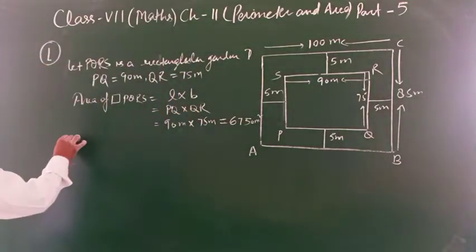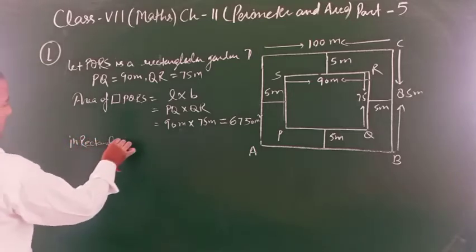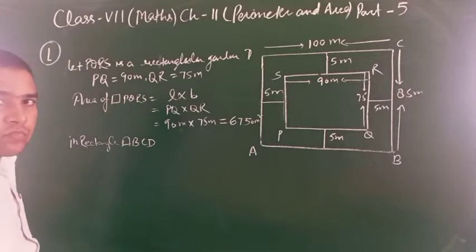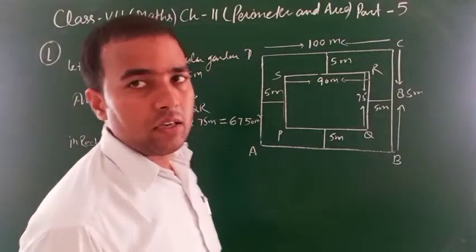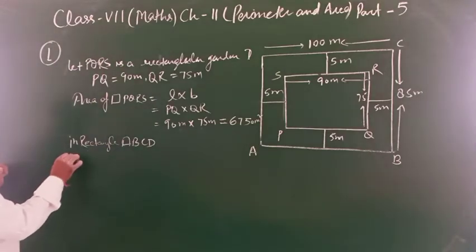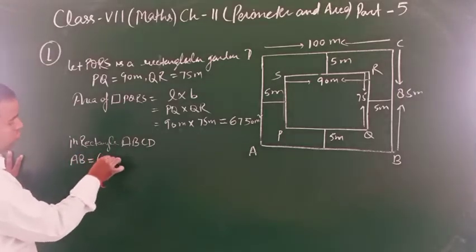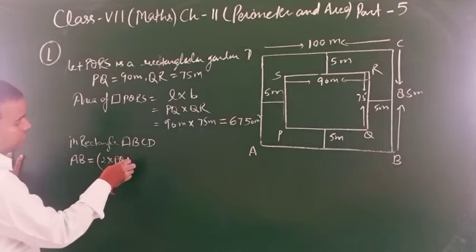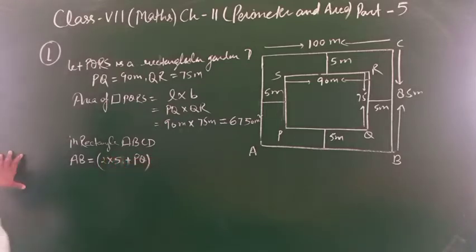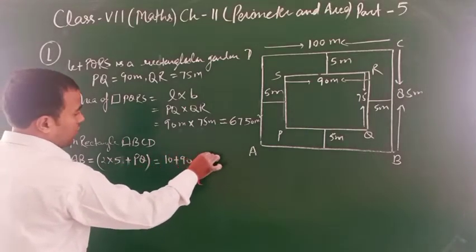In rectangle ABCD, AB equal to 2 into 5 plus PQ, means 2 5 are 10 plus 90 equal to 100.